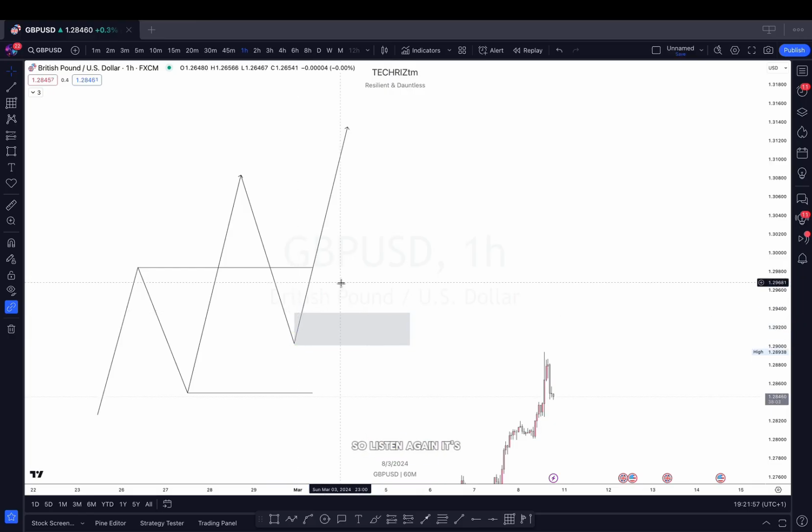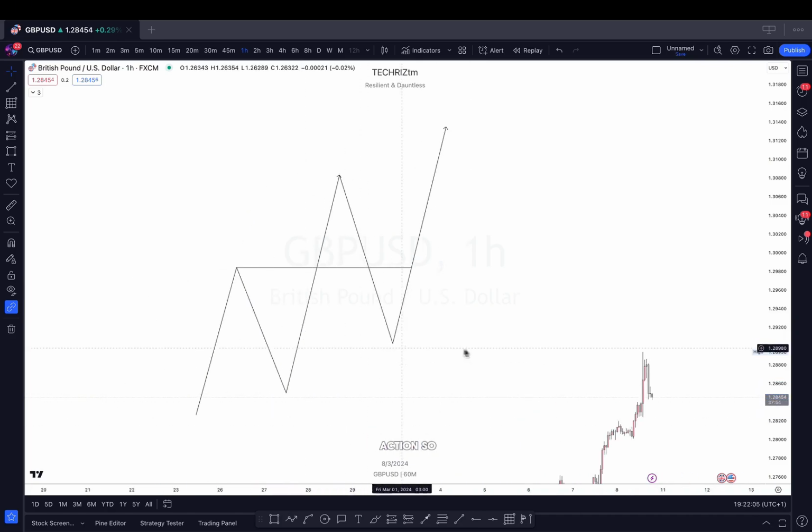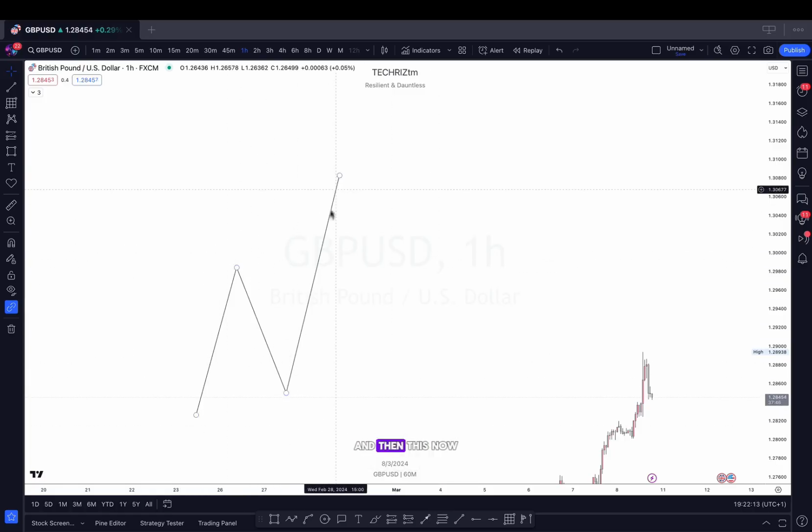So listen again, it's not really a difficult thing at all. It's just for you to know efficient price action. So I'll clear this. I said price actually creates a high, creates a low, and then this.